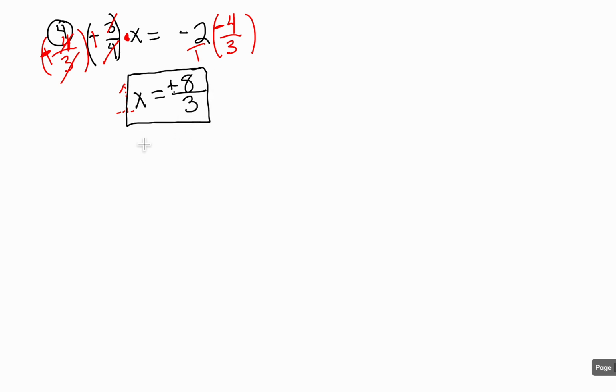Now, that is a very acceptable answer in algebra. We like improper fractions. They do have to be simplified. So if a 3 could go into both of those, we would want to simplify that down. But an improper fraction is really a very nice number we can use in algebra. So I know a lot of students really enjoy making it into a mixed number because we've practiced that a lot in previous years.